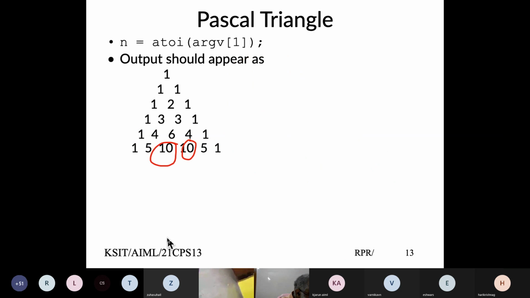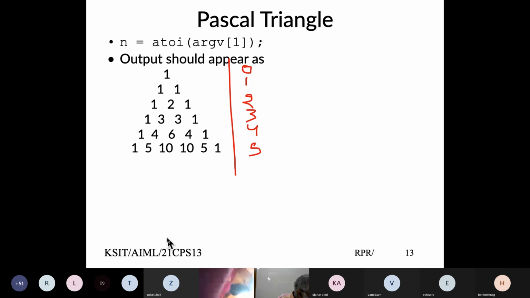Let's say this is 0, this is 1, 2, 3, 4. Now, given that I'm at i here, what is the relation between this 4 and this 4 here? What is the relation between this and this, this and this?